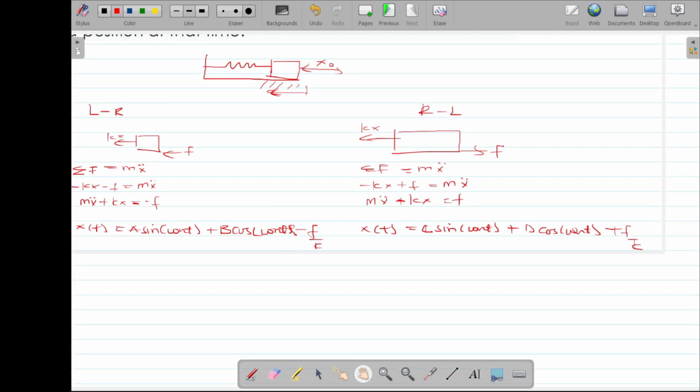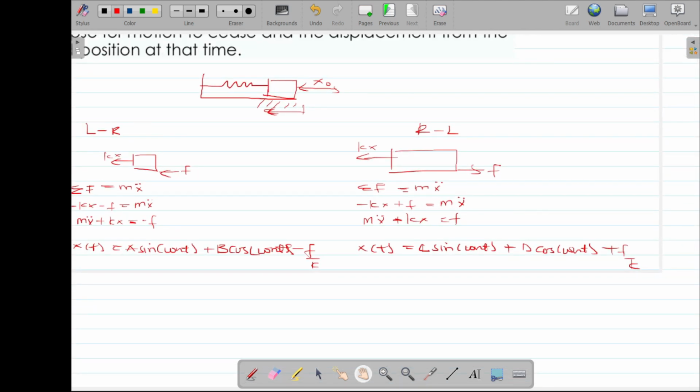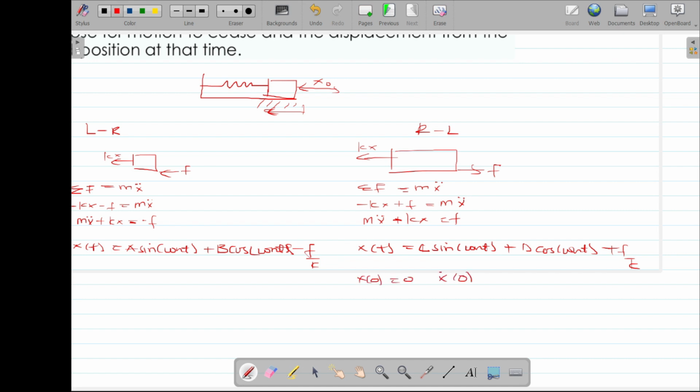Now, when the body is at the far right after the initial displacement, it has to move to the left. So we use right to left. Initial conditions: displacement is x naught, velocity is 0. So x at time 0 will be equal to C times sine 0, which is 0, plus D, cos 0 is 1, plus F on k.